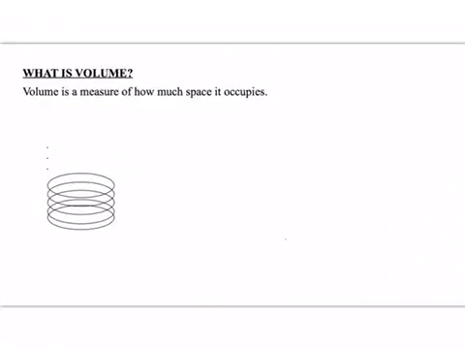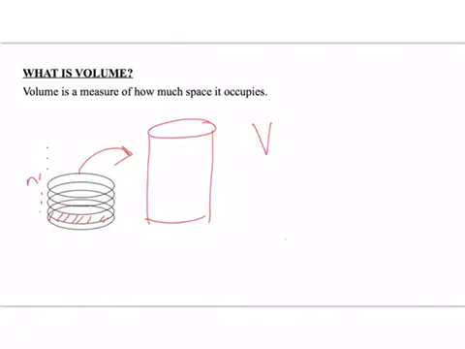What is volume? Volume is a measure of how much space it occupies. For example, think of a cylinder. When you put n times a circular base, what do you get? A cylinder. So in general form, the volume will be equal to the base area times the height.